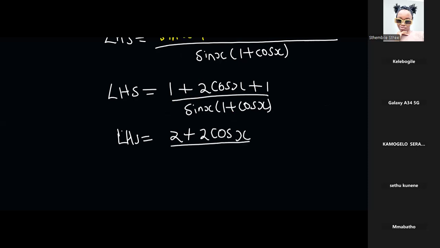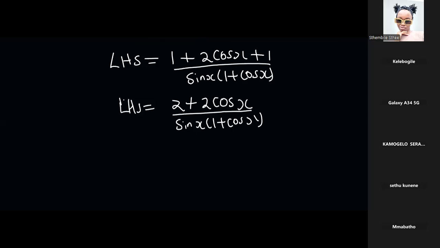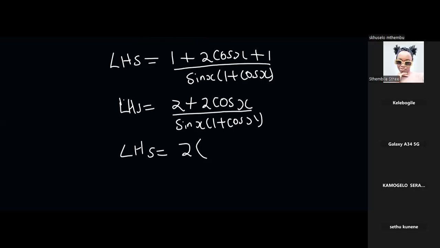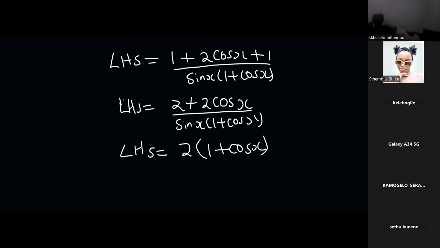On the numerator side, you can see that we are closer to the answer. You take out 2 as a common factor. So you'll take 2 into, you'll be left with 1 plus cos x. You know why? So that when you use the FOIL method, 2 times 1 gives you 2. When you say 2 times positive cos x, it's positive 2 cos x, just like that. Any question?